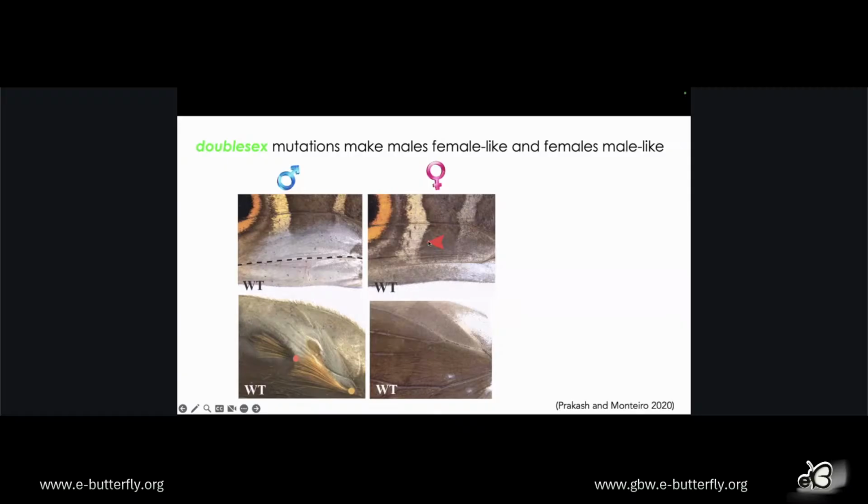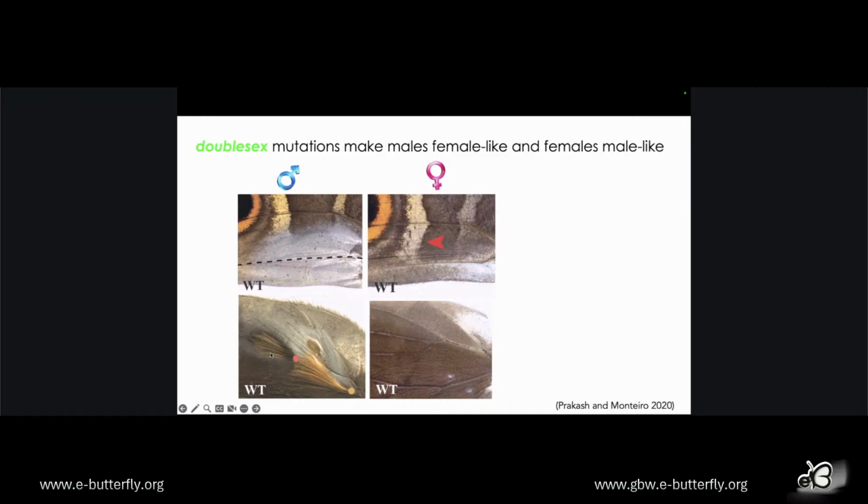So I'll show you first a few differential patterns in males and females, again in Bicyclus anynana. So the males are the ones that have silver scales. Females do not have silver scales on their forewings.